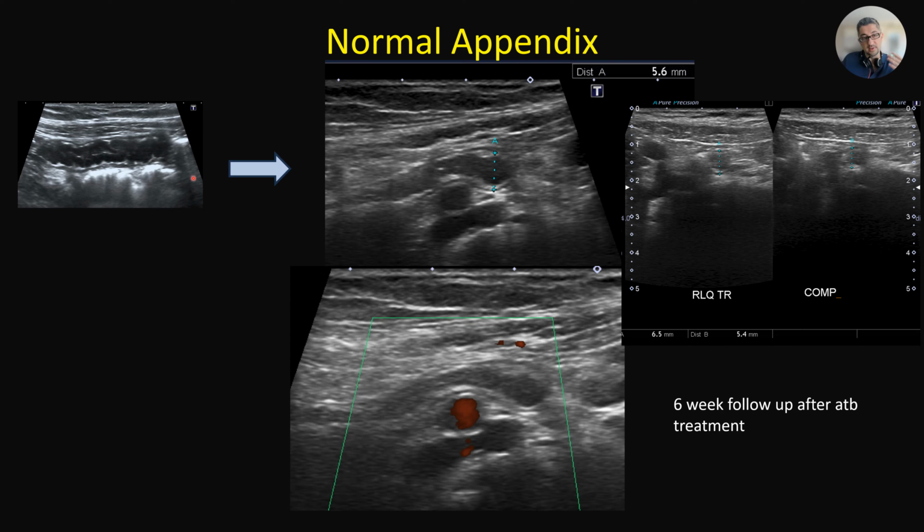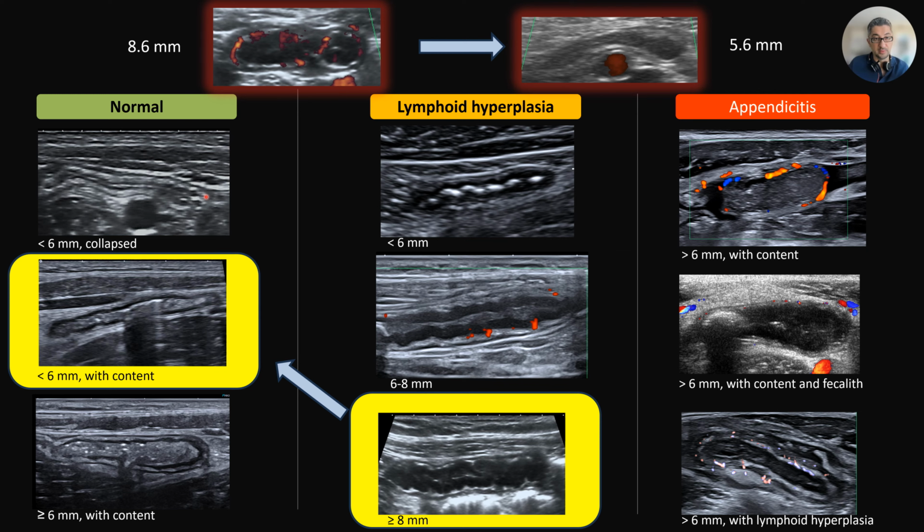So it was a case with lymphoid hyperplasia, most likely because of pyelonephritis, and because it was reversible, it became normal after the treatment. So initially it was under this category, a case with lymphoid hyperplasia over 6 millimeters. Then after the treatment comes down to a normal case under 6 millimeters filled with content.